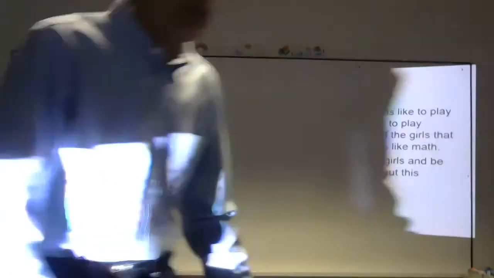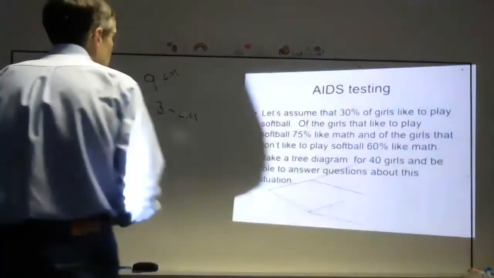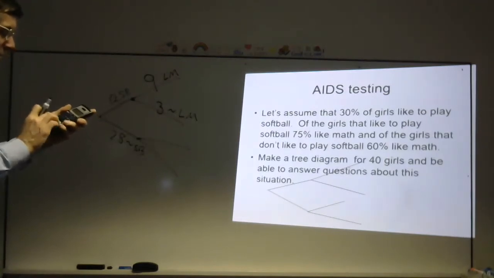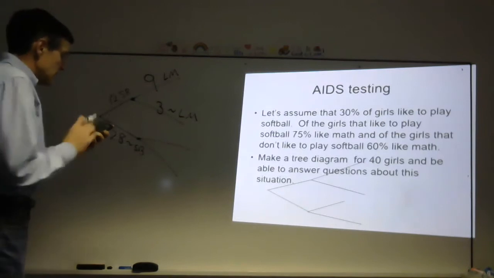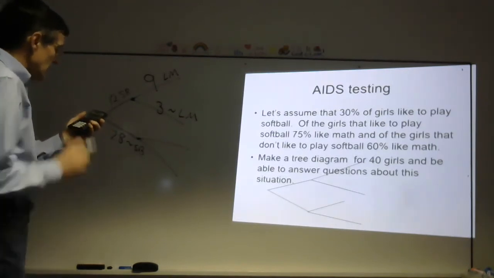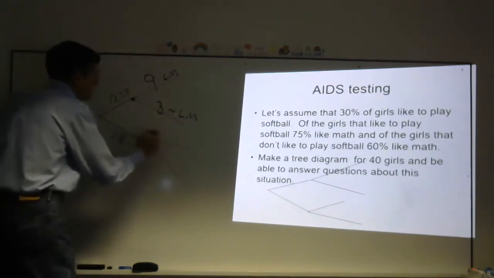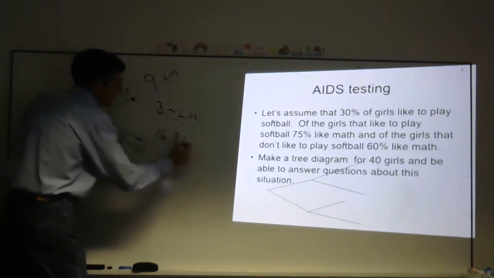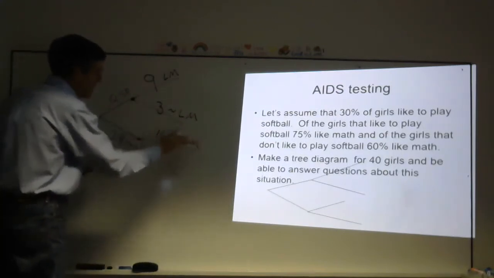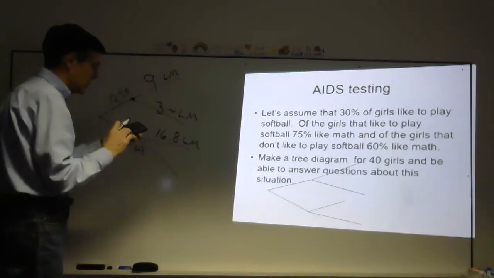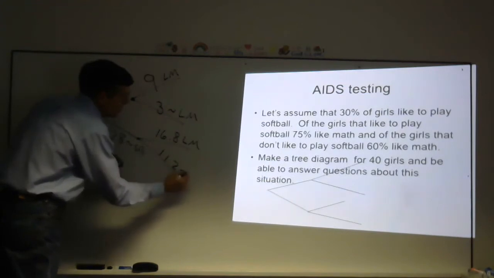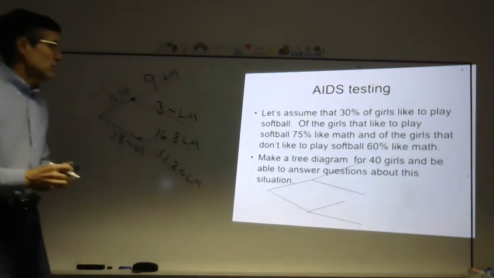So I'm going to take 60% of the 28, so 28 times 0.60, I get 16.8 like math, and if 60% like math, 40% don't, so 28 times 0.40, I get 11.2 do not like math.